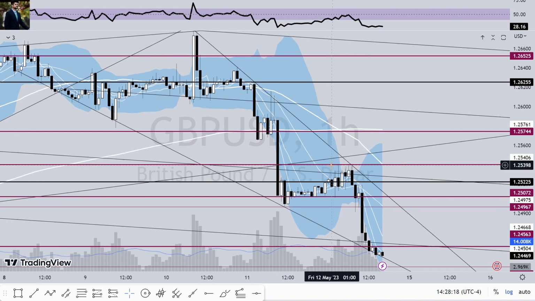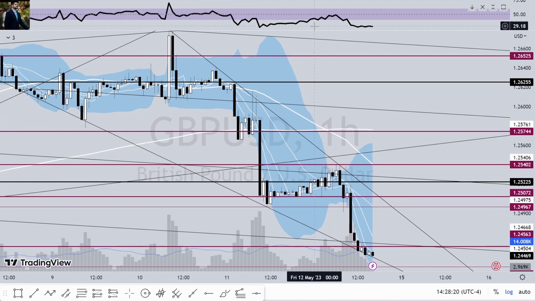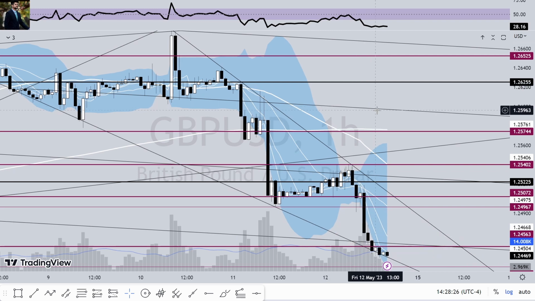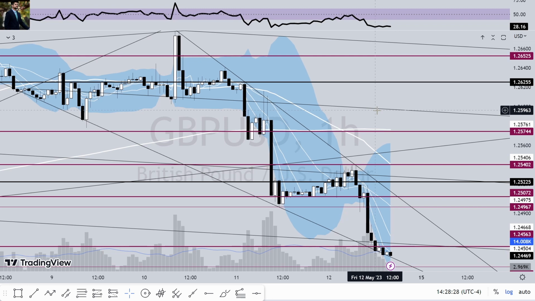I also wanted to show you what kind of indicators I use. I rely mainly on price action, but indicators can help you. If you think the price is going to go a certain way, then you can follow the indicators after that. An indicator is just an indication.